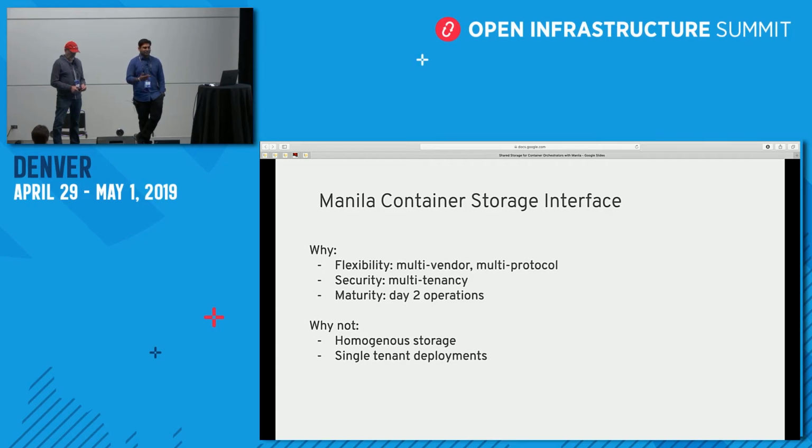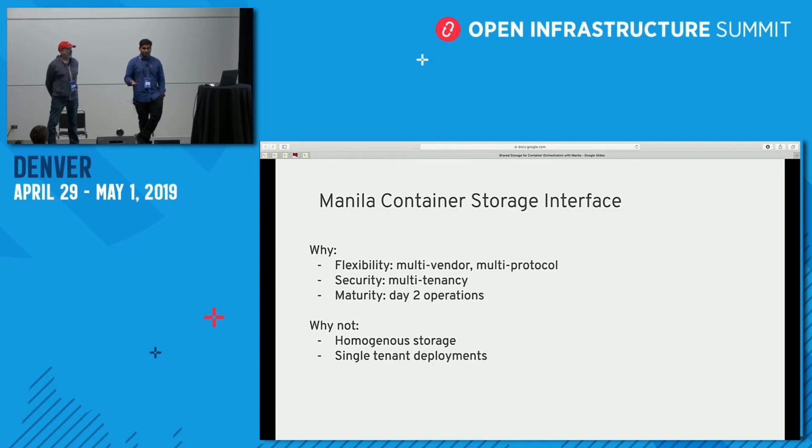Many people just run Ceph for their entire workloads. Then do you really need Manila to just talk to your Ceph? Probably not, because there isn't too much of an advantage if you're just using a homogeneous system, or if you're using vendor X, or 10 different classes of storage that vendor X provides, but they have this smart and good driver that's already integrated into these container orchestrators. So why bother with Manila?